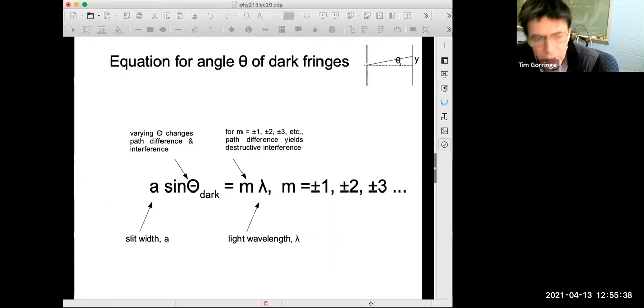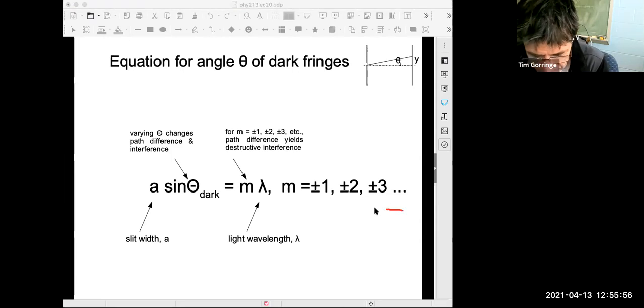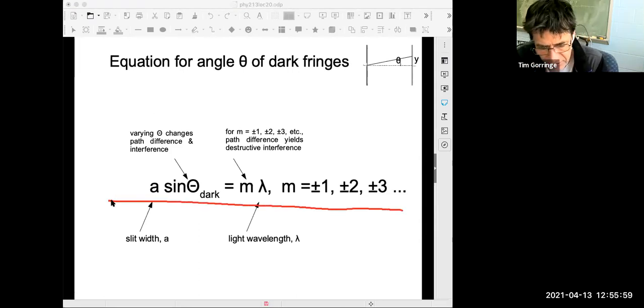Well, you can make that statement into a little equation, and here's the little equation that corresponds to that statement. And so this is the condition for dark fringes. You get dark fringes at angles theta when a sine theta is m, which is just a positive or negative whole number, plus or minus 1, plus or minus 2, plus or minus 3, times the wavelength of the light.